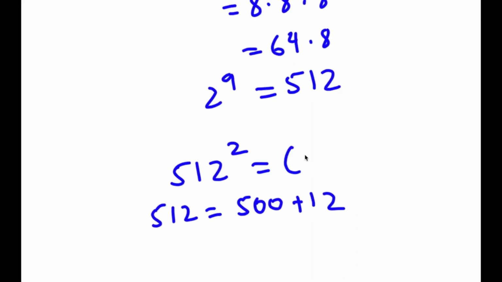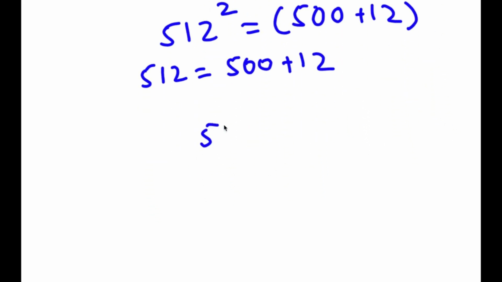So this would be the same thing. If I substitute in 500 plus 12 for 512, I get 500 plus 12 squared.